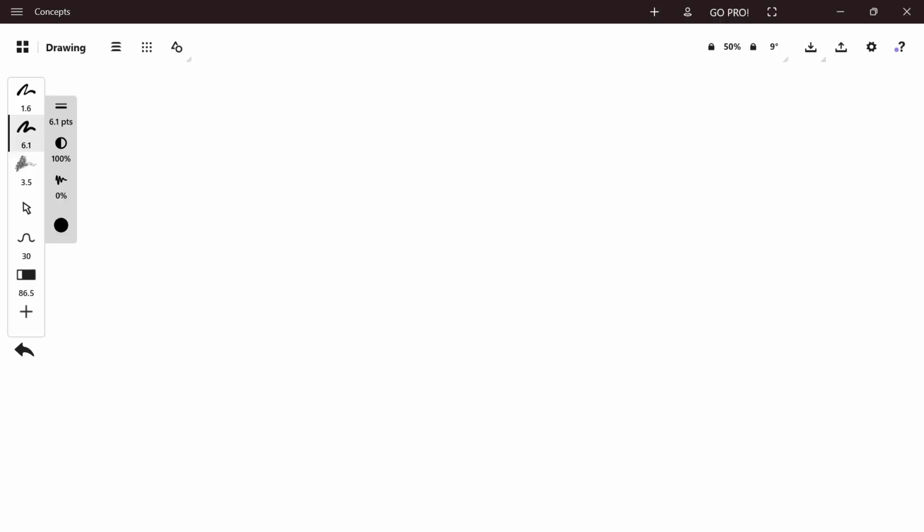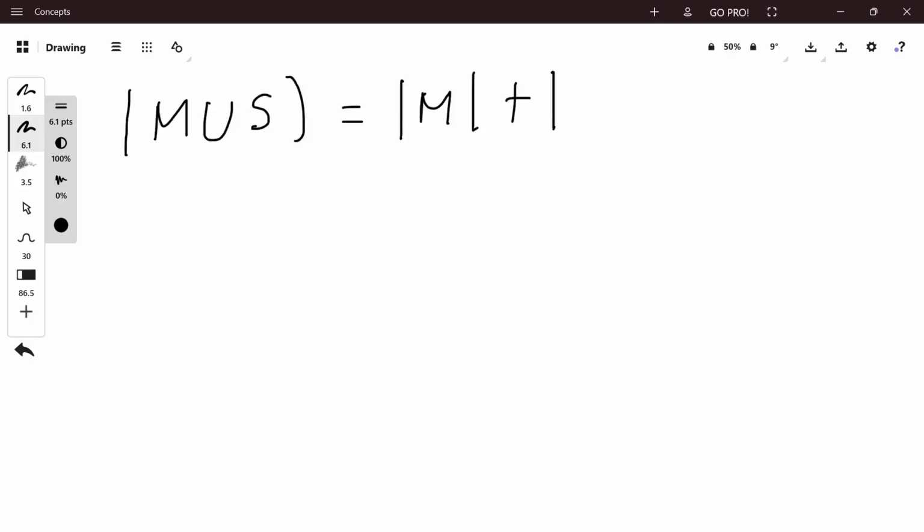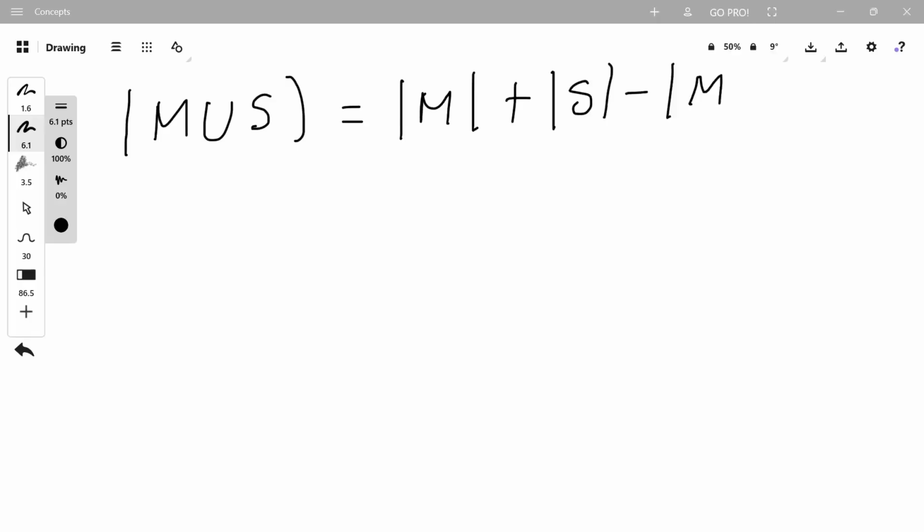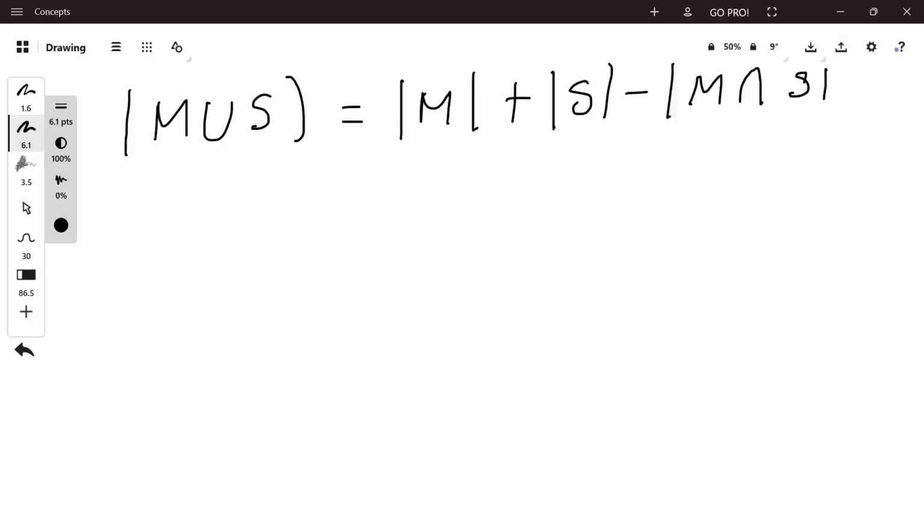The number of students who like either mathematics or science or both can be found using the formula for the union of two sets. That is |M ∪ S| = |M| + |S| - |M ∩ S|.